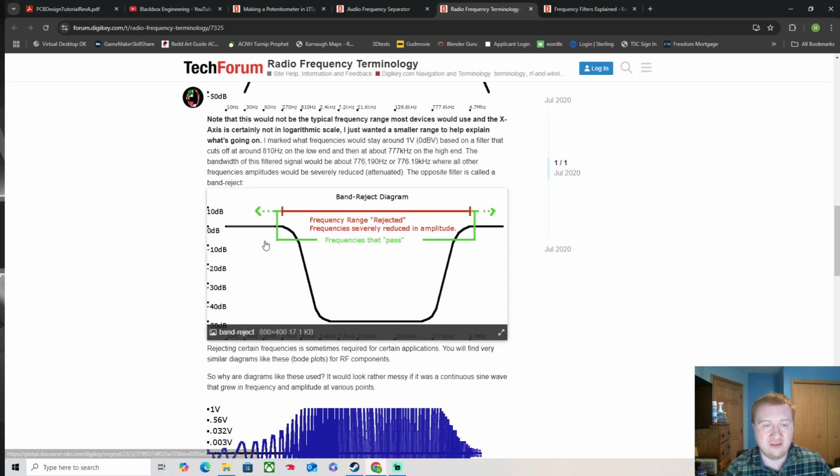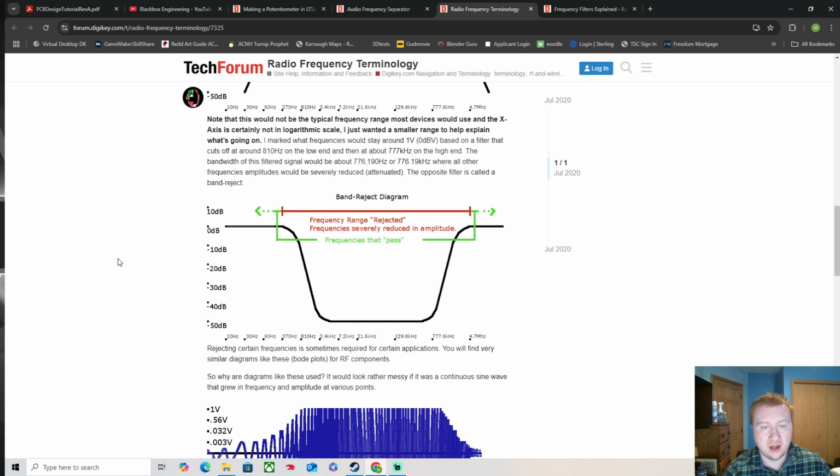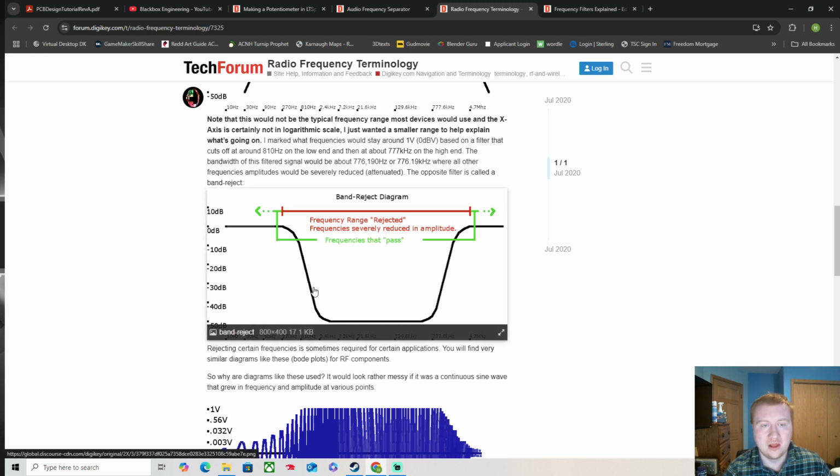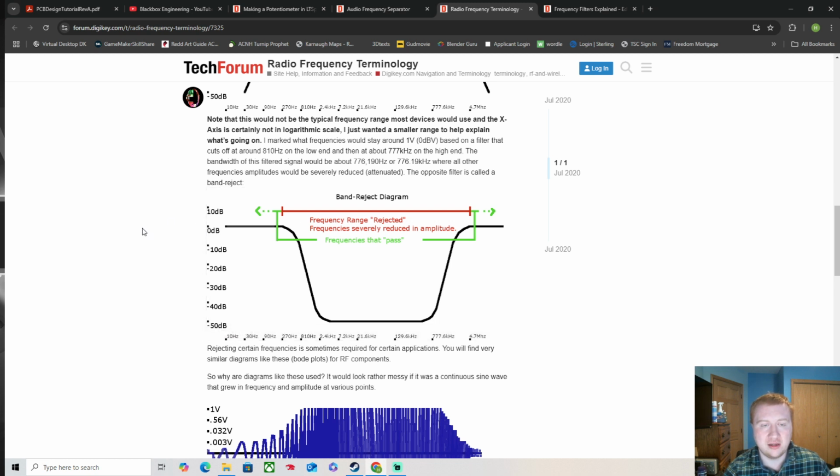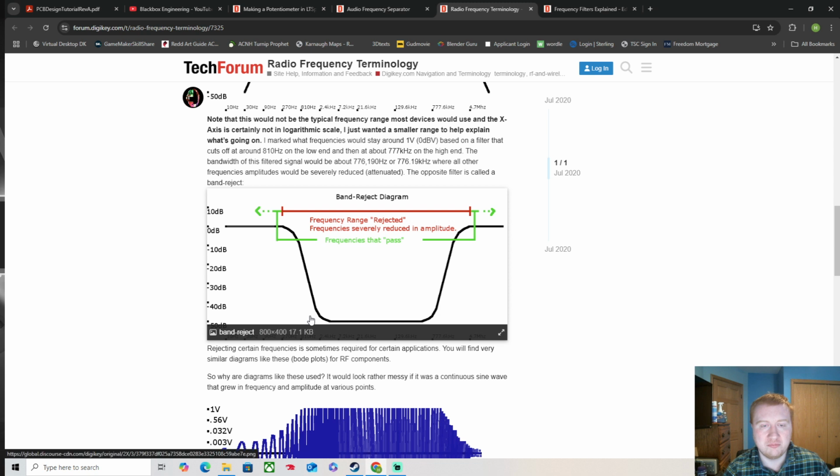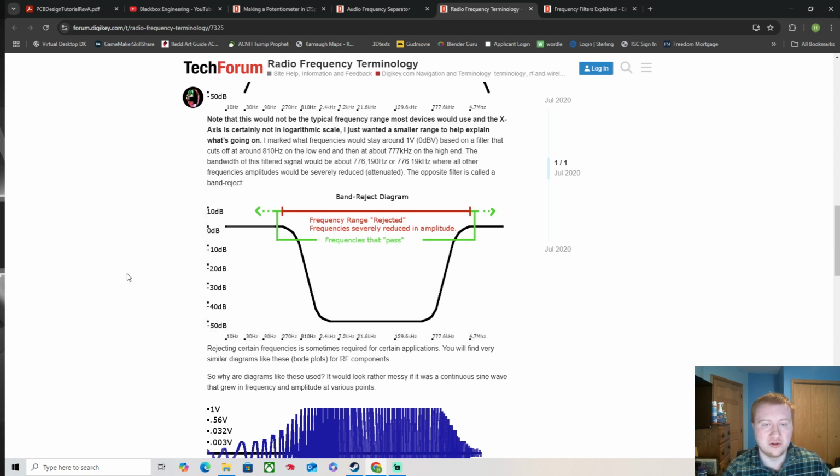In this case, any other frequency other than approximately 270 on this and about 780, I didn't quite use the same range, but all other frequencies would be rejected and all other ones would be passed. So these frequencies would be severely reduced and the other ones would be amplified, or at least close to the 0 decibel point.